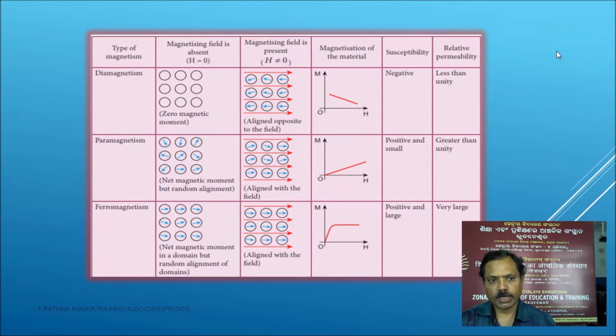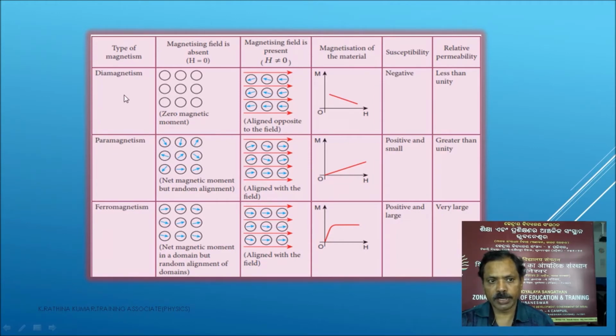And now you are viewing the types of magnetism: magnetizing field strength H absent, magnetizing field present, magnetization of the material, susceptibility, relative permeability, according to dia, para and ferromagnetism. There are three types of magnetic materials.